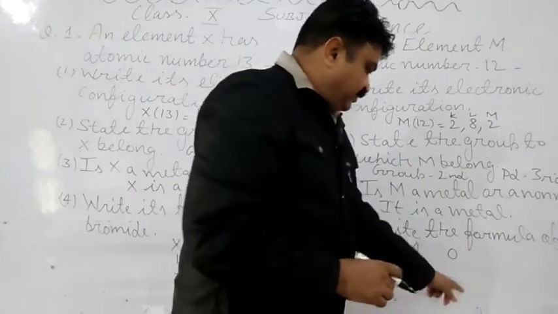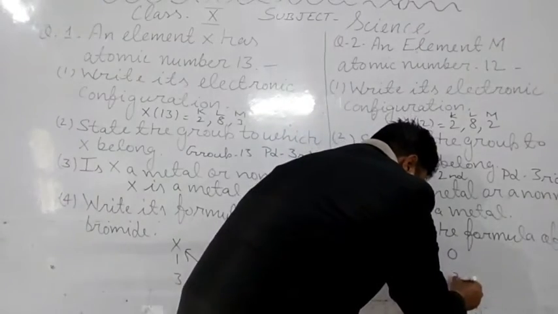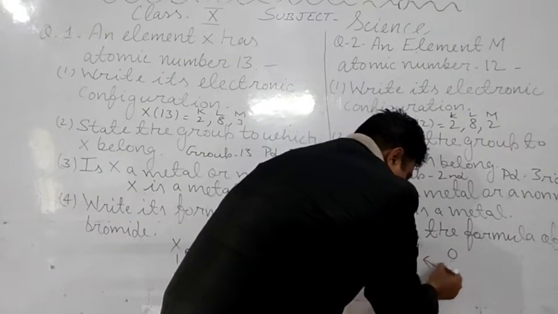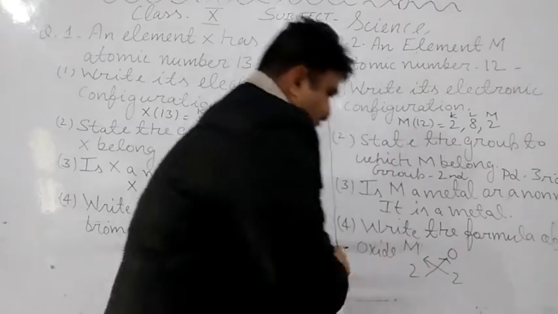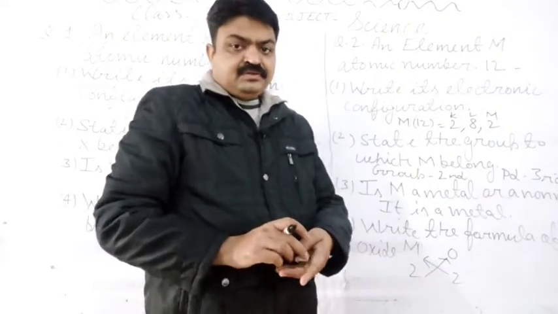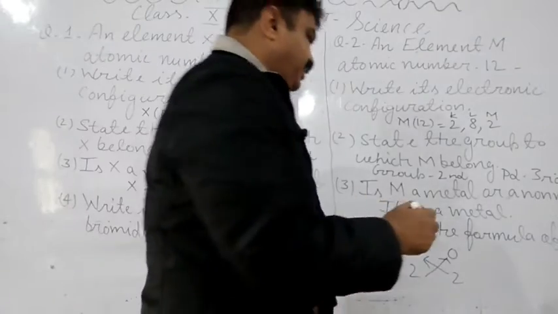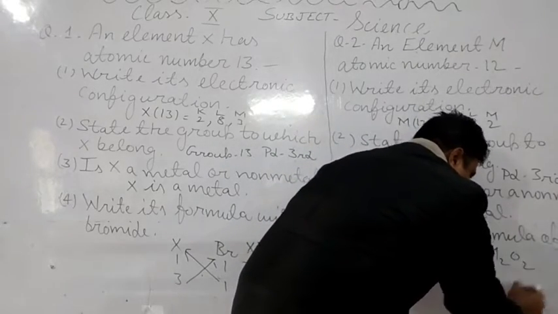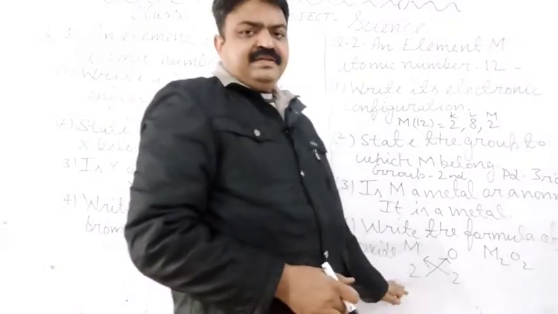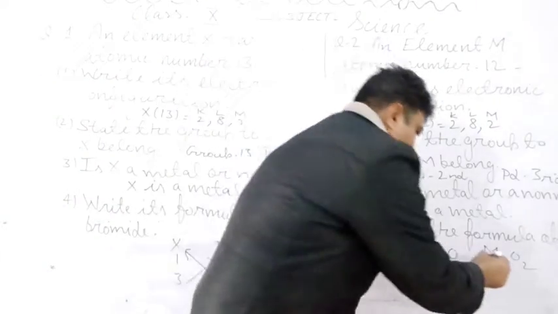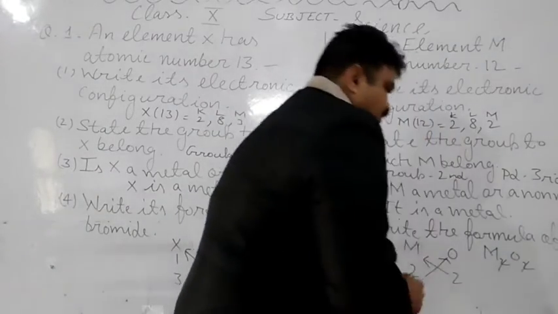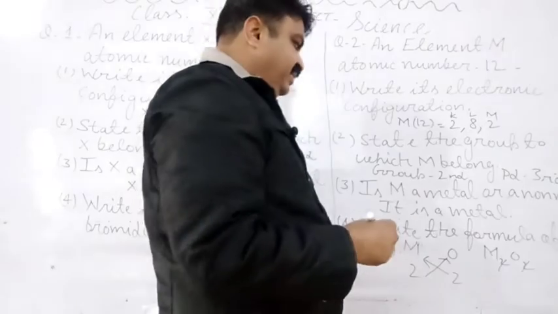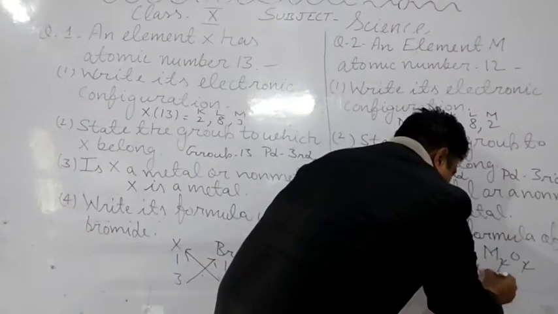And oxygen valency, students, you know it. It is also 2. So these will be interchanged, and the formula that we will get here is M2O2. Now the valencies are similar, so they will cancel each other, and the formula that we will get will be MO.